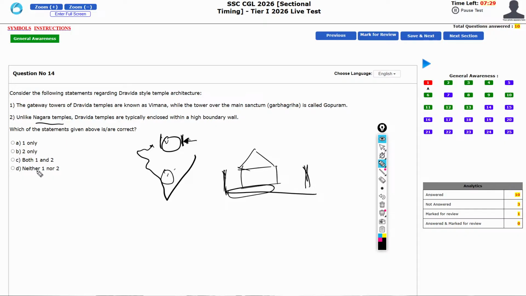I think neither then. First one is definitely incorrect. So either only two or neither. So I'm going with neither.